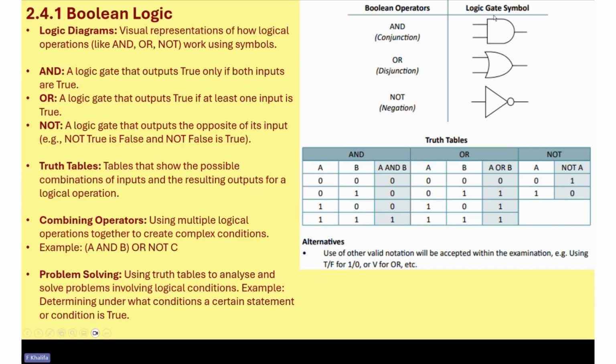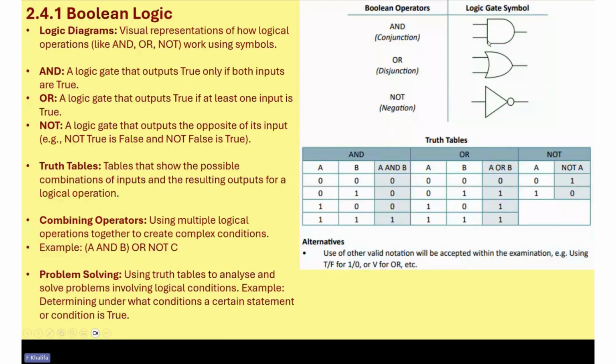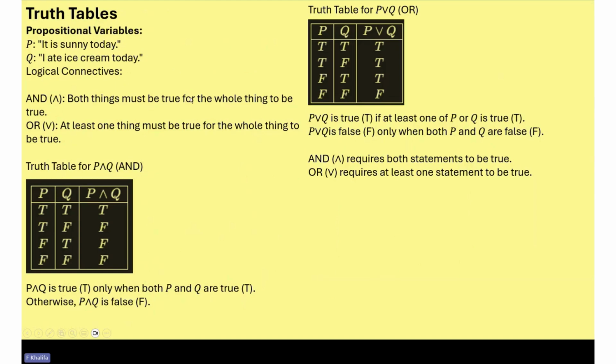We've got AND here, which looks like a D shape. We've got an OR, which almost looks like a bit of a rocket. And then we've got a triangle for negation or NOT, with a little circle there. It's important to also realize that NOT has one input, whereas AND and OR have two. Truth tables, so I briefly mentioned this before. We've got P and Q, logical connectives AND, OR, NOT.